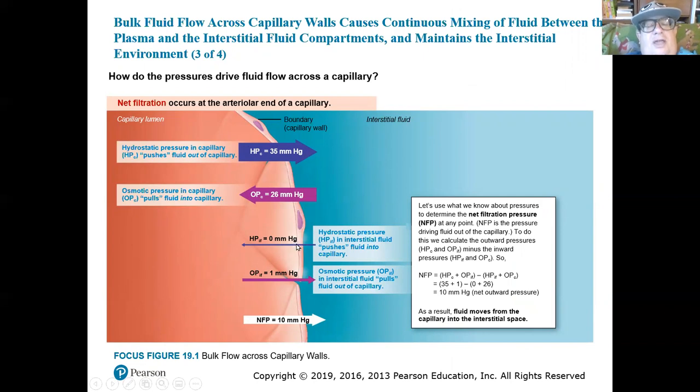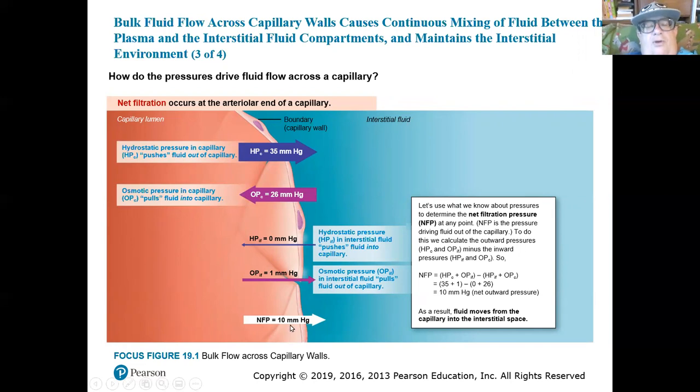Hydrostatic pressure in the interstitial fluid pushing into the capillary, very minor. You can see that osmotic pressure pulling into the capillary can be relatively big. Compare that to osmotic pressure to pull fluid into the interstitial, not much.